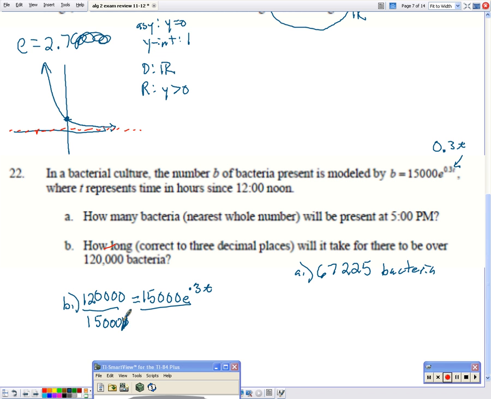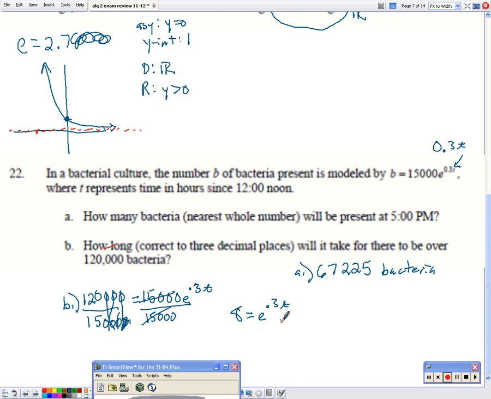Oh, too many zeros. So let's see. These zeros are gone. So it's 120 over 15. On my calculator, 120 divided by 15 is 8. Beautiful. So now we just have 8 equals e to the 0.3t.